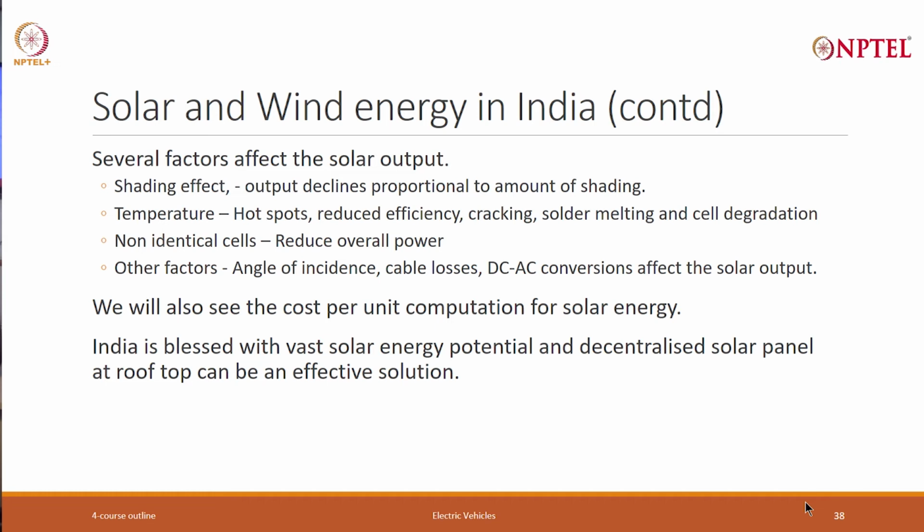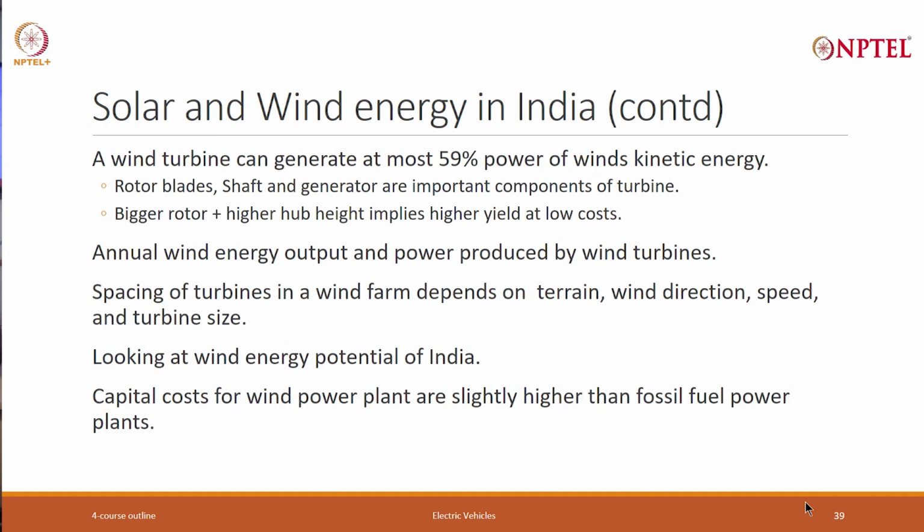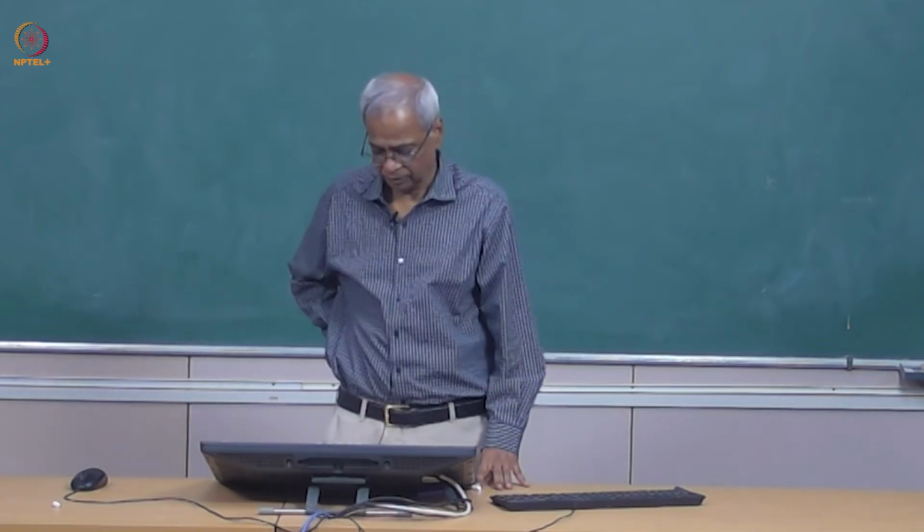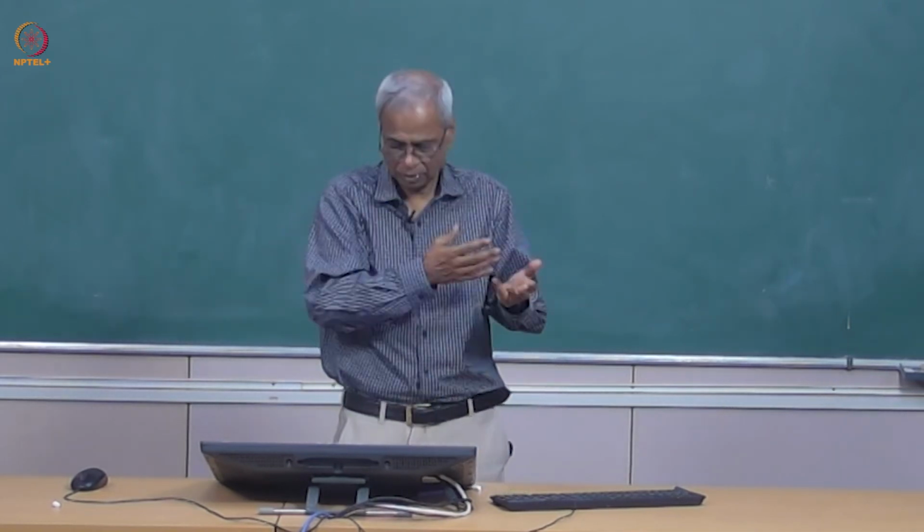And we will then compute cost per unit electricity, per unit energy for solar energy. And we will discuss how India is blessed with vast solar energy and decentralized solar panels at rooftop can be an effective solution. We will then get into wind. A wind turbine can generate at most 59% of the power of wind in kinetic energy.